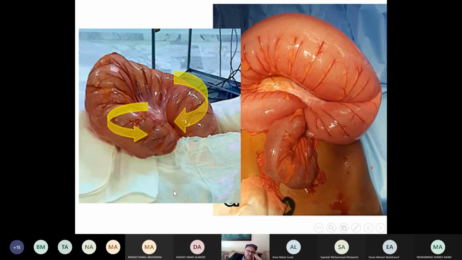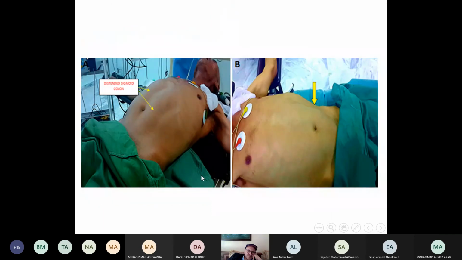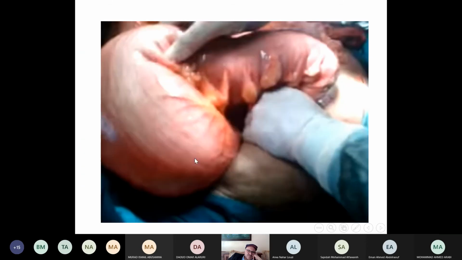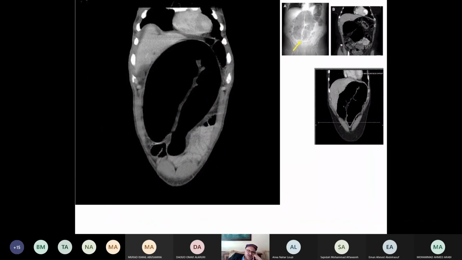Another example. Again, this shows how the left side is a bit depressed compared to the right side. Look at this depressed left. And these are CT scan views showing the dilated sigmoid.